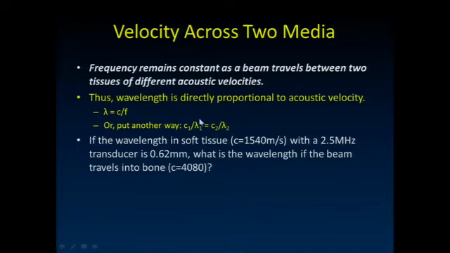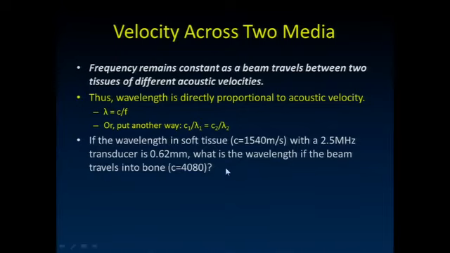So setting these two things equal to each other, if that frequency stays constant, we've got the wavelength in soft tissue, and we've got this 2.5 megahertz transducer with a wavelength of 0.62 in that soft tissue. What's the wavelength when that beam travels into bone, where the speed of sound is quite different, right? Because this is now not a soft tissue material. This is a much stiffer, less compressible tissue.